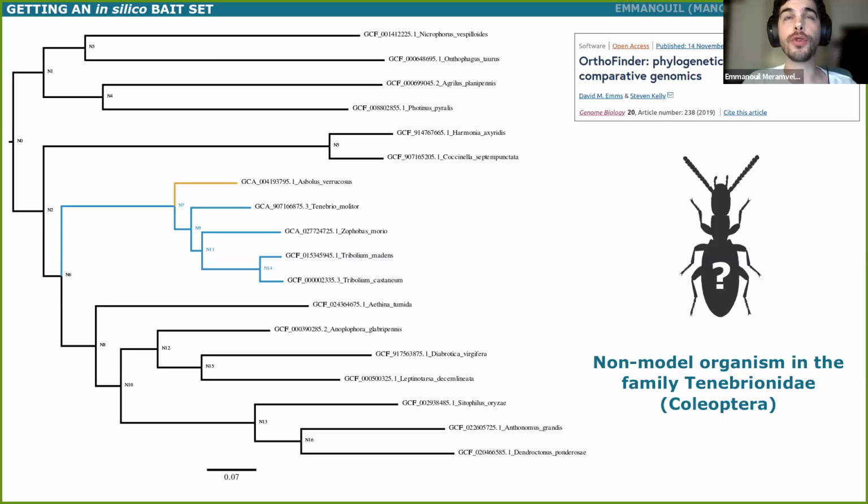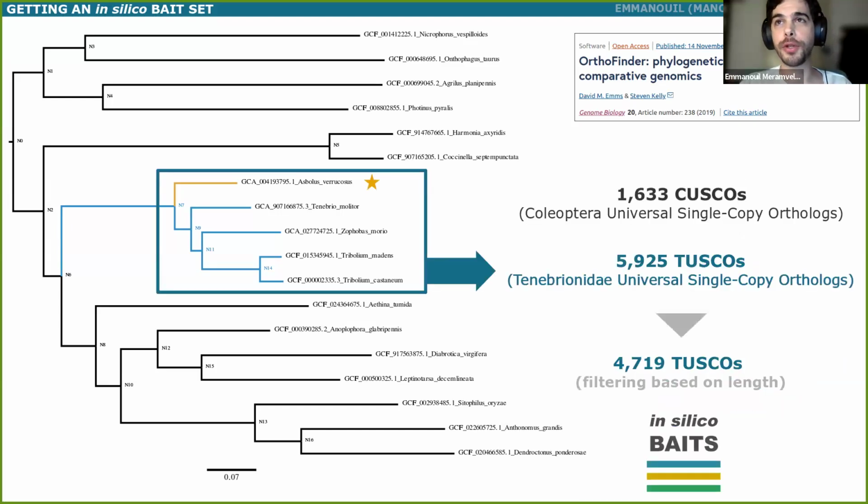So what we did was we downloaded any genome with good assembly and a good set of genes available in NCBI, and we used OrthoFinder in order to generate thousands of universal single copy orthologs, either for the whole order of Coleoptera or specifically for the Tenebrionidae family that we were interested in. And based on some filters that we applied on the length of these baits, we kept around 5,000 to use as these in silico baits.